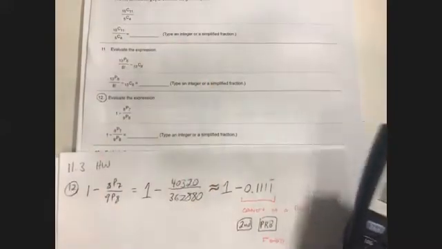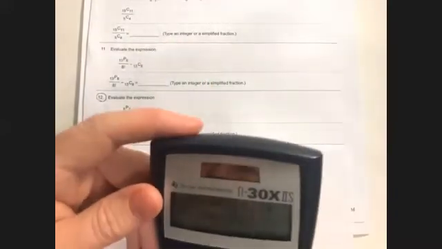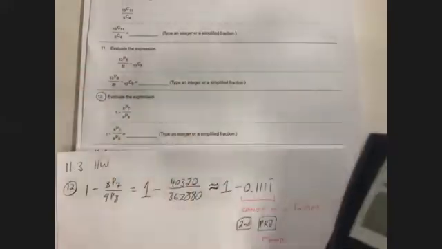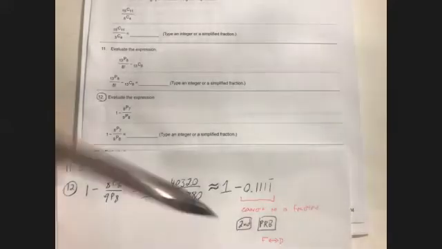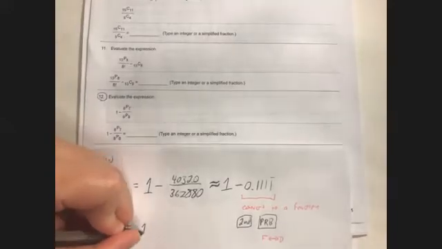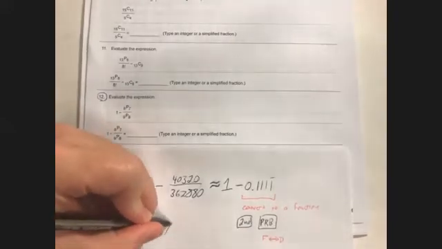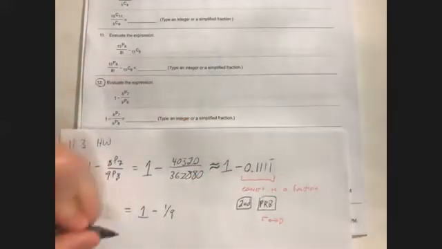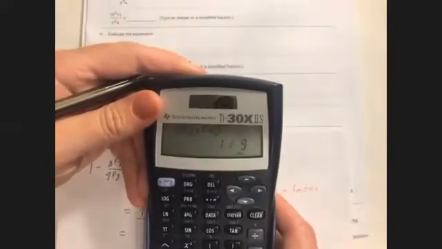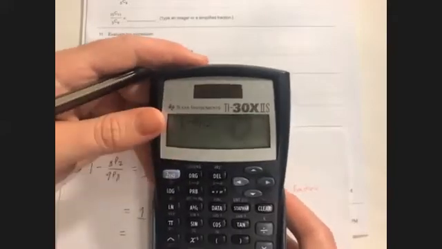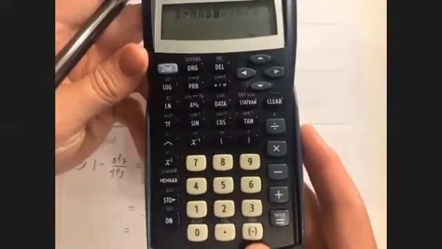That's like the fraction-decimal button. If I do second PRB, I get 1/9. Now not all of this is 1/9, just that little piece. So I'll come down here, that is 1 minus 1/9, which you should see as, of course, 8/9, but I can do it in the calculator if you don't trust yourself. Since 1/9 was the last thing, I could do 1 minus second answer. And I get 8/9.